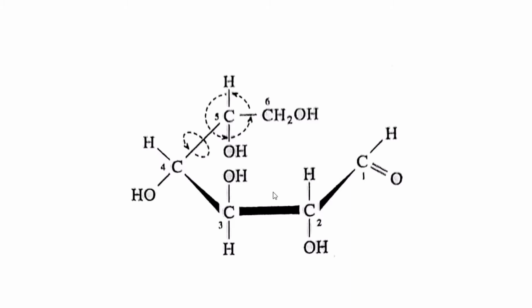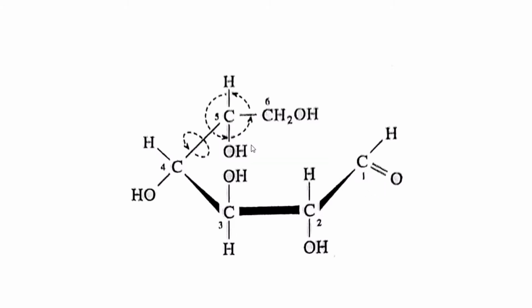The next step is there will be a rotation of this bond between carbon number 5 and carbon number 4, and the rotation of this bond will then bring the hydroxyl group of carbon number 5 in close proximity to the aldehyde group.